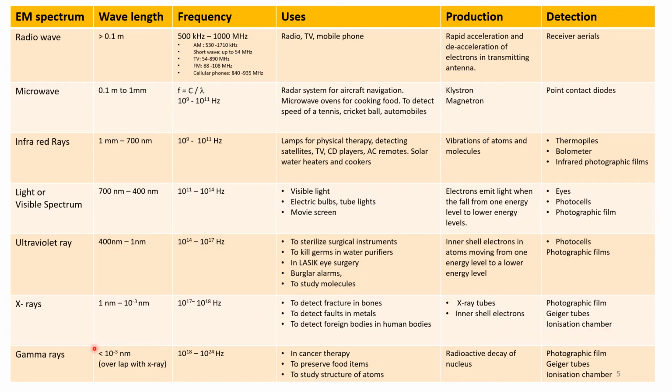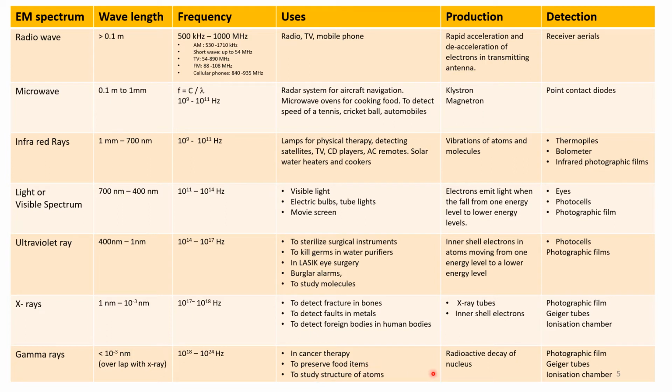Finally, we have gamma rays, whose wavelength is less than 10 to the power of minus 3 nanometer. Frequency is 10 to the power of 18 to 10 to the power of 24 hertz. These gamma rays are used in cancer therapy, to preserve food items and to study the structure of atoms.